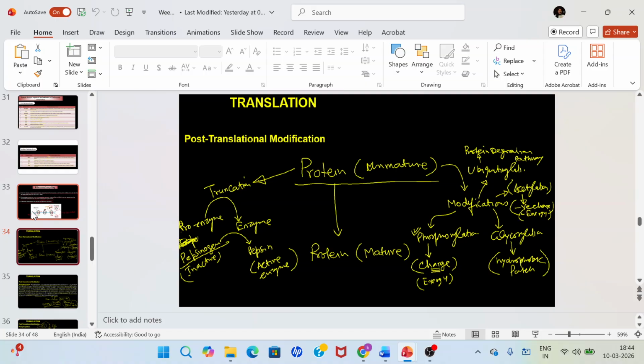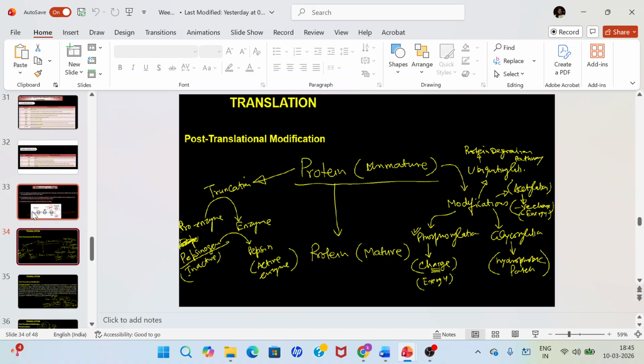Okay. So now there are these things which are called post translational modifications, again a very important aspect when we are studying proteins, because these post translational modifications decide where the protein will go, what will be its function, how this protein will protect itself.